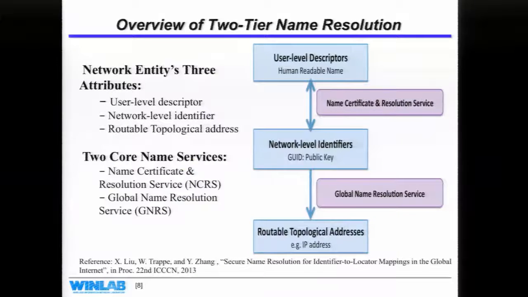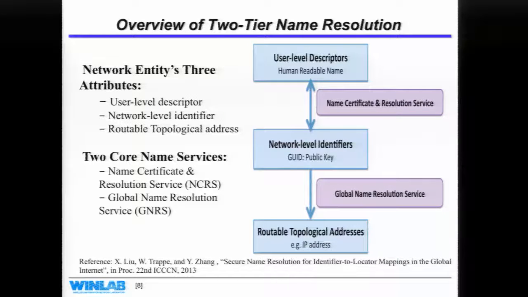This service layer adopts a two-tier name resolution approach. So in the MobilityFirst network, each network entity has three attributes. On the top, we have user-level descriptors, which are human-readable names. In the middle, we have network-level identifiers, which are GUIDs.